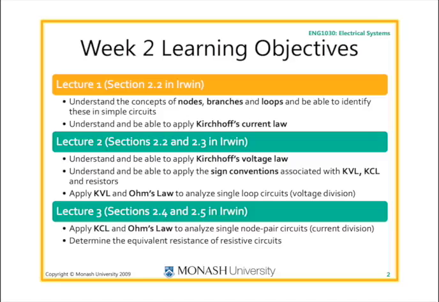So they meet the requirements of being a loop. And even in that simple circuit, there are in fact 3 loops. If you like, I could loop around that, I could loop around that, or loop around the whole thing. So they're nodes, they're loops. We'll do more on loops in a minute.